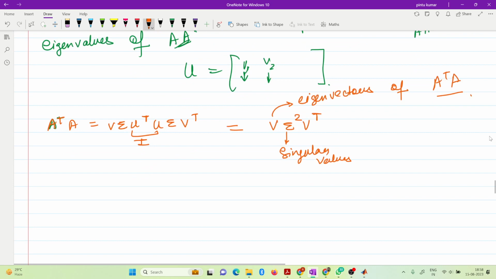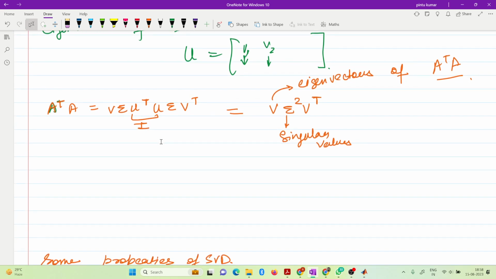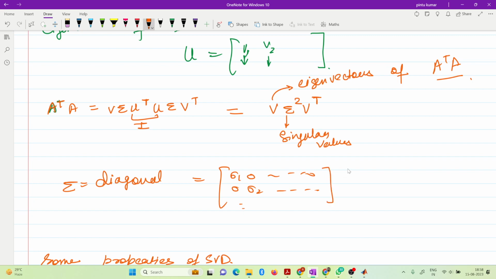Okay, so Pradeep, this sigma matrix is a diagonal matrix, of this form: sigma 1, 0, 0, 0, 0, sigma 2. Actually this is not a symmetric matrix, because the size of this sigma matrix is not always of the form n cross n.